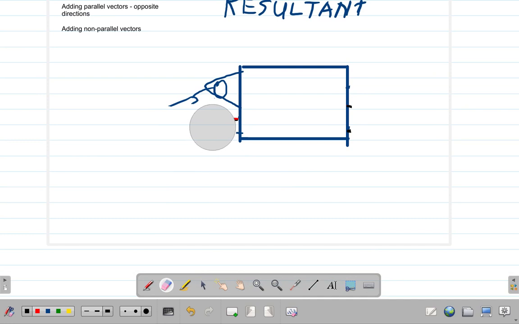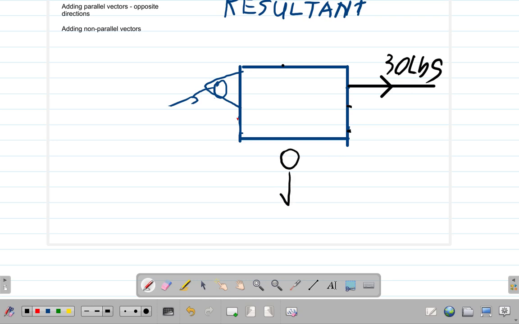Let us say you are pushing on this table with a force of 30 pounds. And there's somebody right here pushing on the table too, but in this direction with the same force, 30 pounds.